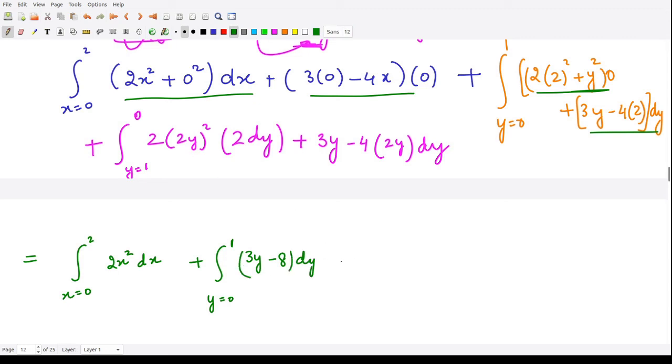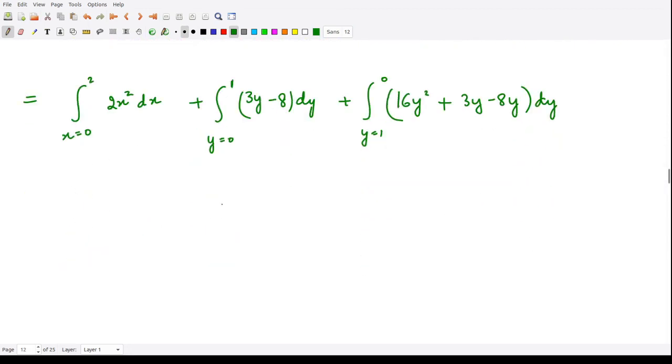And for the third case, you have y varying from 1 to 0. When you solve this one, you have how many 2's? 4. So 16y square dy, and I can write dy together, so it would be plus 3y minus 8y dy, right? So this is what you have after simplification.